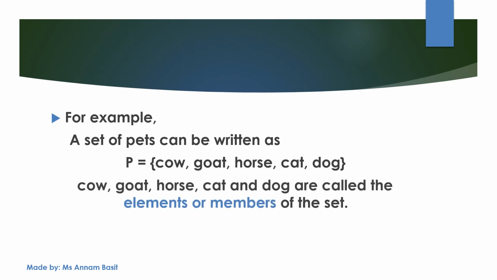So cow, goat, horse, cat, and dog are called the elements or members of the set, right? So this is how you're going to represent a set, starting with any capital letter, then equals to, then opening a curly bracket, writing all the elements of the set, separating each of them by commas and then closing the curly brackets, right?